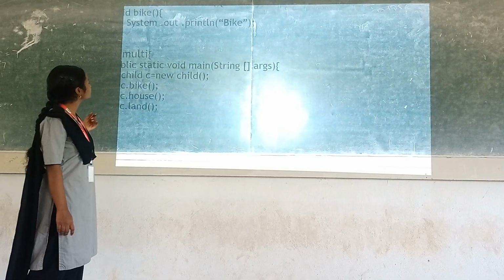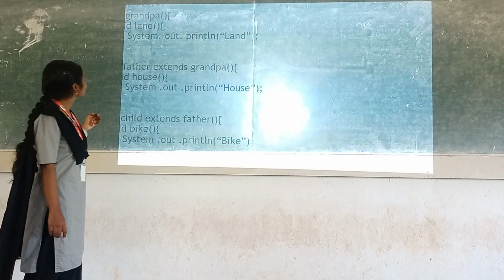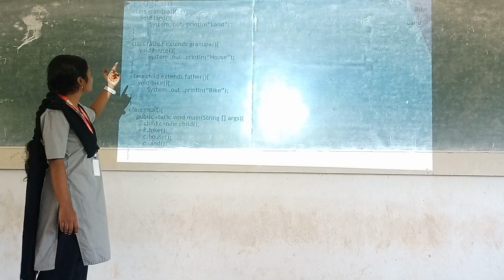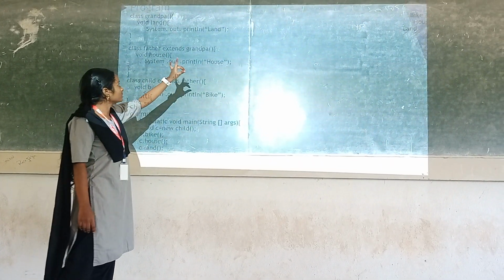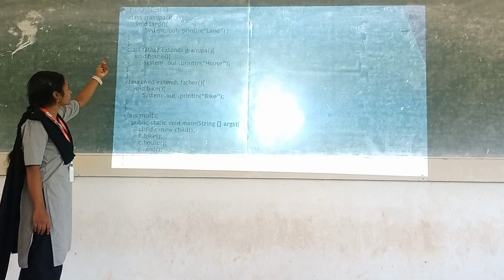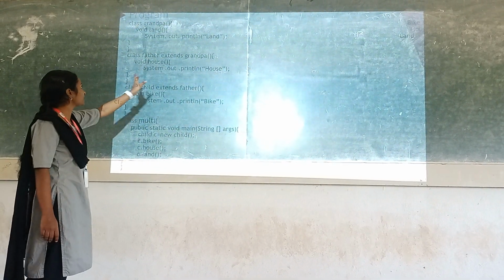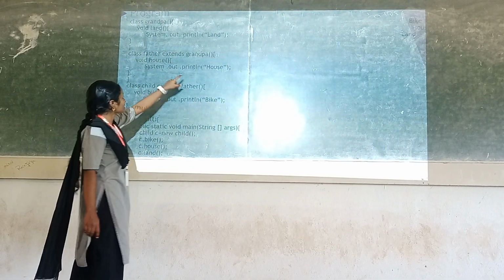Here I have a top level class, grandpa. In this class there is a method land, and in that method there is a statement: land. When I call the method land, it is going to execute land. Class father extends grandpa.